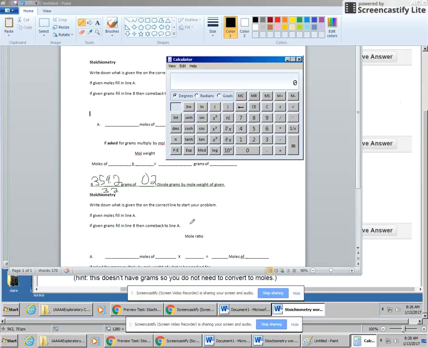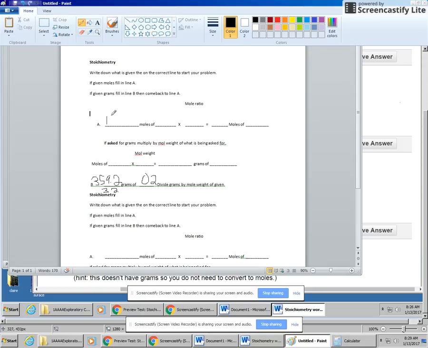And you get 11.225, and that's how many moles you got. So up here you put 11.225, and then moles of O2.